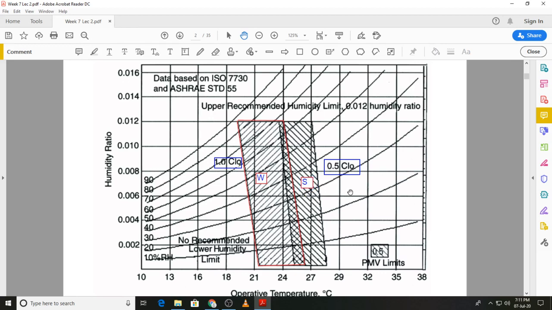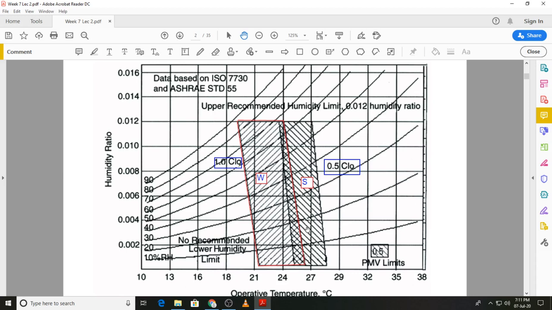The boundaries of the two zones overlap over a part of the graph over here. You can see that the winter air conditioning zone, shown by this red border, is shifted towards lower temperatures, whereas the summer air conditioning zone is shifted towards higher temperatures.